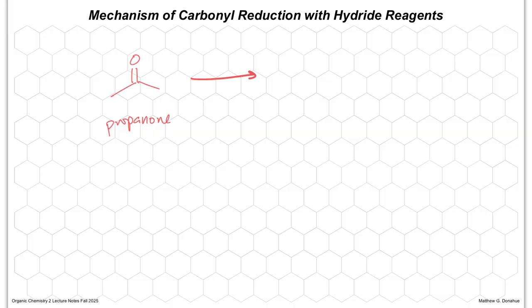What is the oxidation state of the second carbon atom in the chain? So it's oxidation state 2. If we reduce it, it has to go down to 1. So that makes 2-propanol.